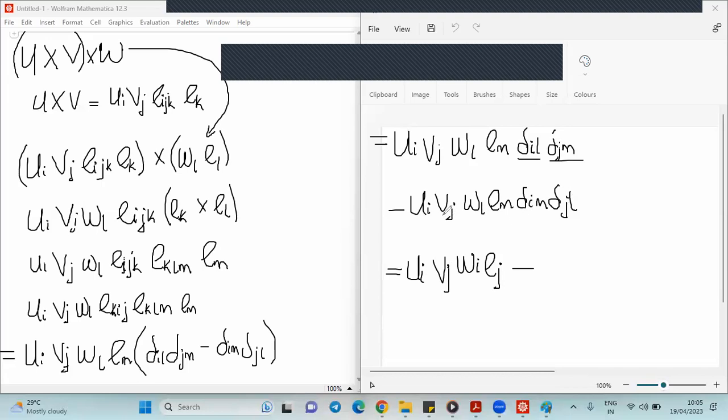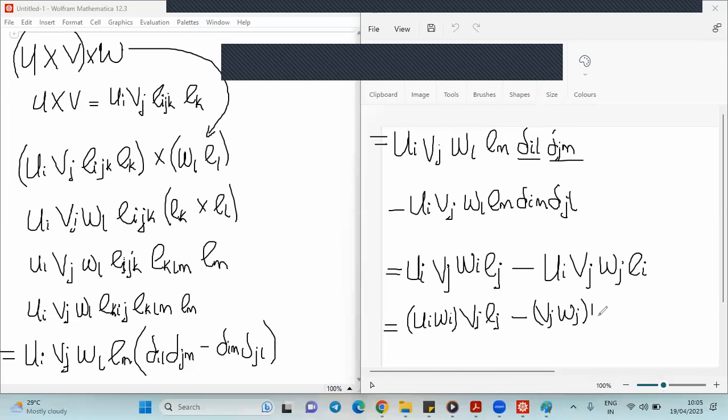Minus, same thing occurs for the second term. That will be UI, VJ, WJ, EI. So I've done the substitutions. And what this gives us is UI, WI, VJ, EJ, minus VJ, WJ, UI, EI.